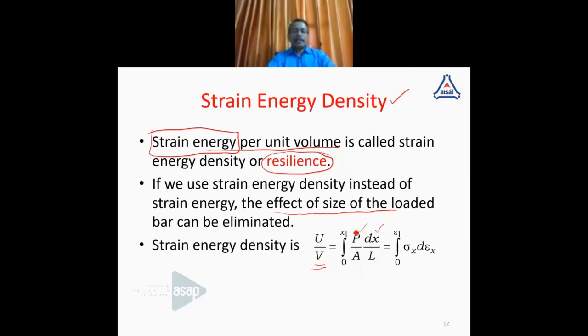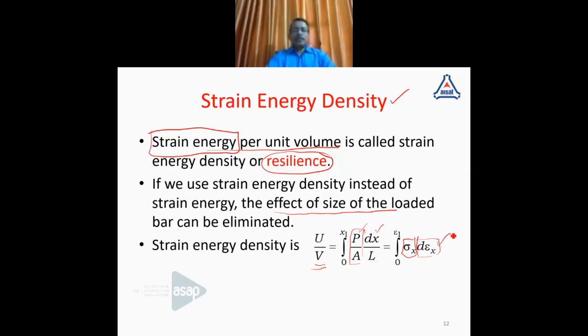Now if you take it separately, P by A is nothing but sigma x, the linear normal stress. And what is dx by L? It is the elemental strain, the increase in length over the original length.